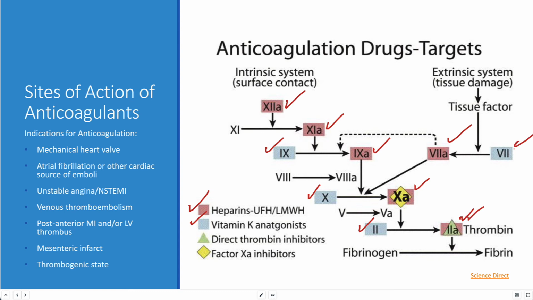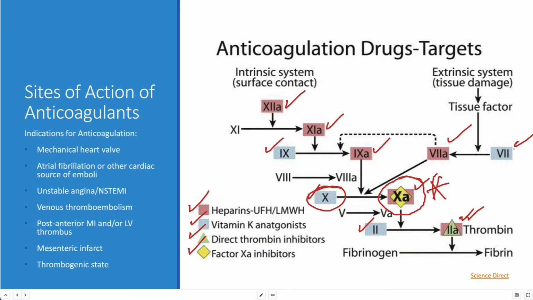It comes together right here, or here at factor 10, right? But the activation of factor 10, which is now activated factor 10, or factor 10A, this is the final common pathway. And this is where all of these drugs try to have their effect.